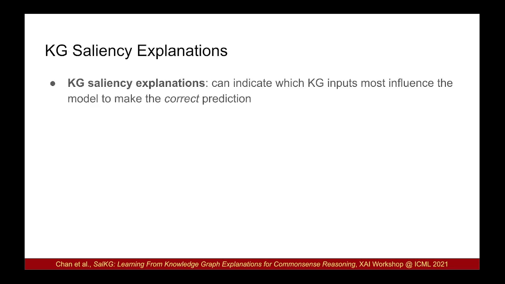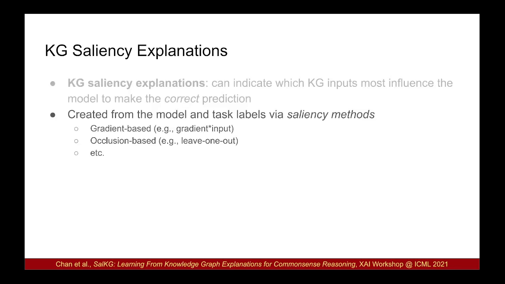Meanwhile, KG saliency explanations can indicate which KG inputs most influence the model to make the correct prediction. KG saliency explanations are created from the model and task labels by using saliency methods, which can be gradient-based, occlusion-based, etc.